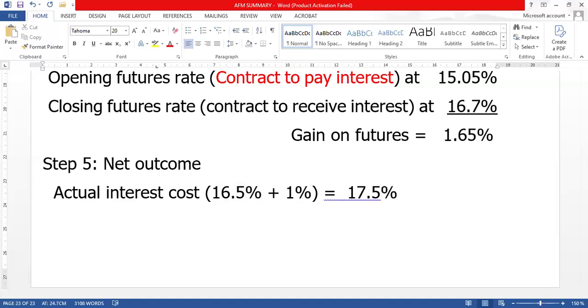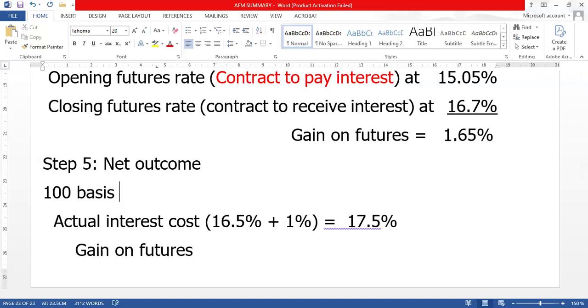How have you gotten the 1%? They gave us 100 basis points. So to convert to percentage, always take the figure you are given and divide by 100.